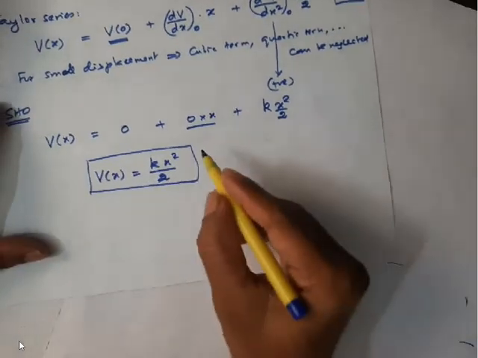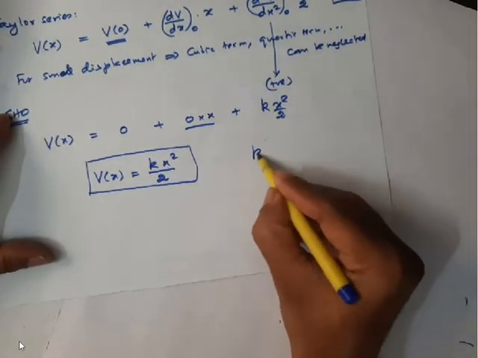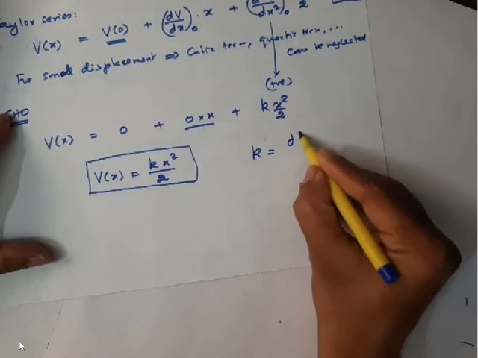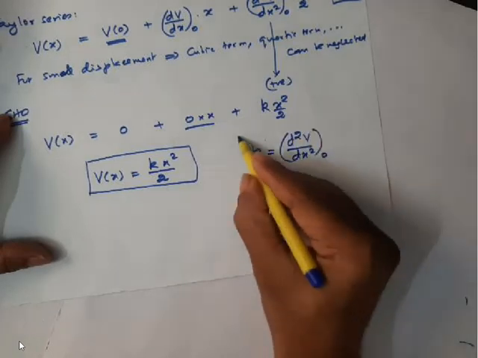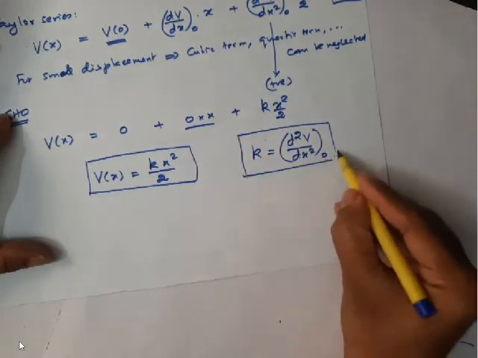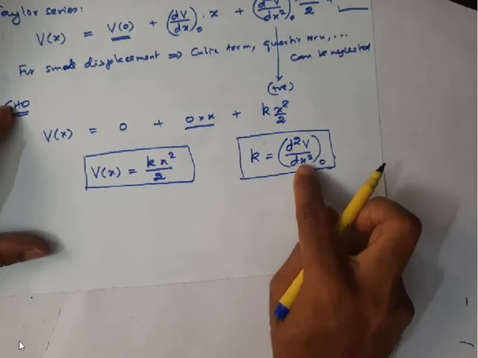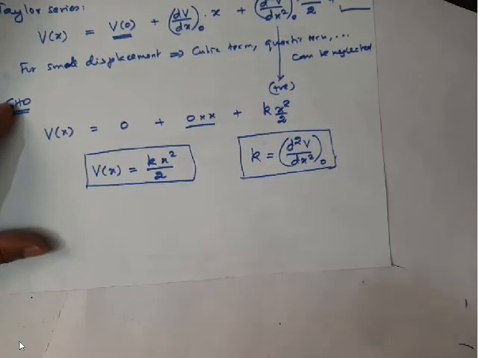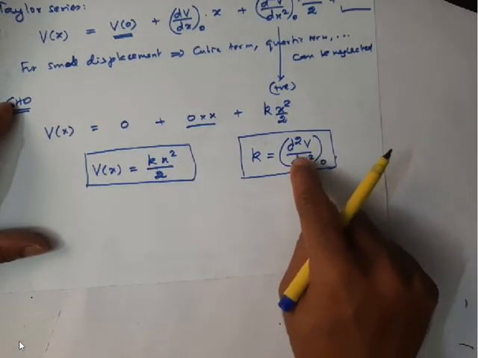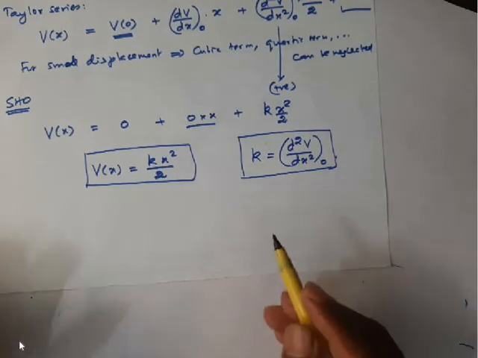One thing I'd like to remind you: the force constant is nothing but d square V by dx square at equilibrium geometry, at x equal to 0. The second derivative of potential energy with respect to displacement at x equal to 0 gives you the force constant. And you know very well, mathematically, the second derivative tells you about the bending nature of the curve. What is meant by that?